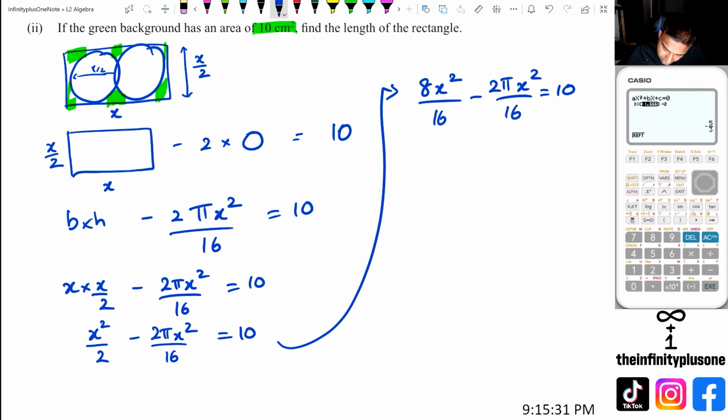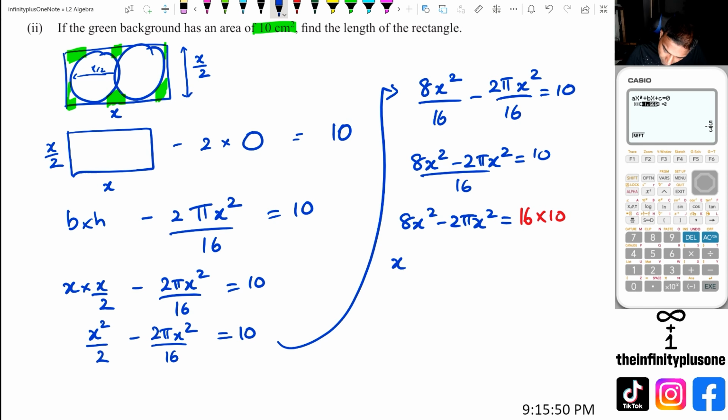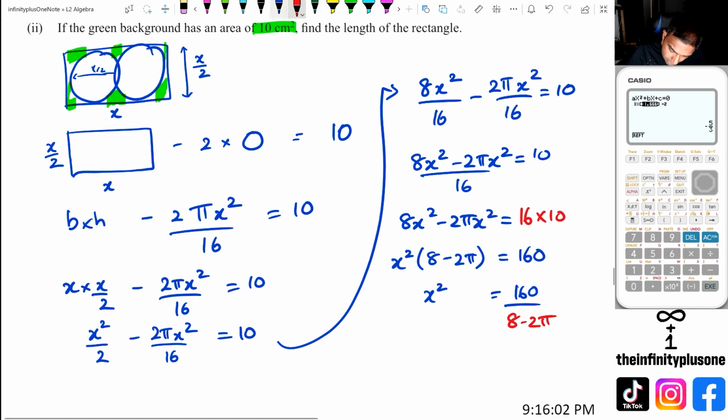Then I'm going to get 8x squared minus 2 pi x squared, all of that over 16, equals 10. So 8x squared minus 2 pi x squared equals 16 times 10. Then I'm going to take x squared as a common factor, so I get 8 minus 2 pi times x squared equals 160, and then x squared equals 160 divided by 8 minus 2 pi.